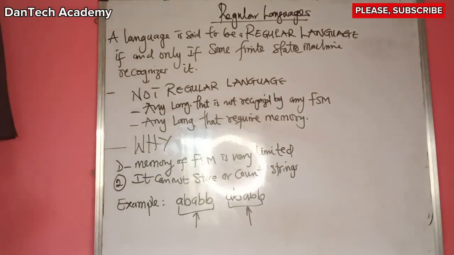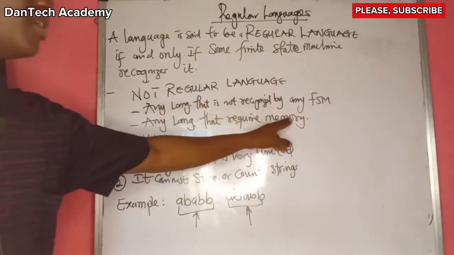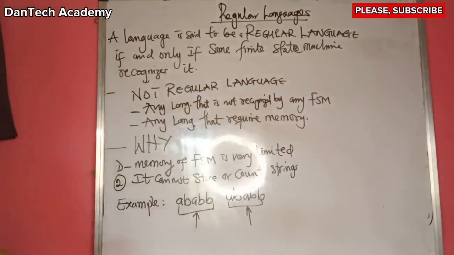A language is said to be regular if and only if some finite state machine recognizes it. So anything that requires memory, it means that FSM does not recognize it.